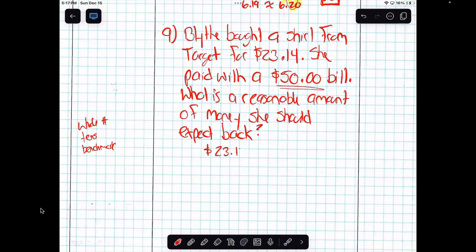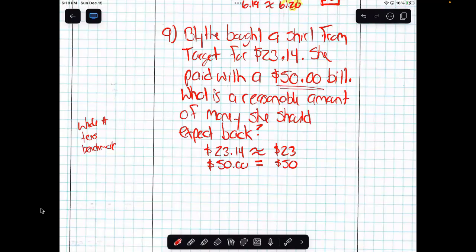First thing I'm going to do for all 3 of them is start with $23.14. And some of you might be thinking, well, $23.14, if I round to the nearest whole number, would be about $23. $50 is exactly $50. Many of you can do that one pretty quickly in your brain without actually showing the math. You know that 23 is pretty close to 25.